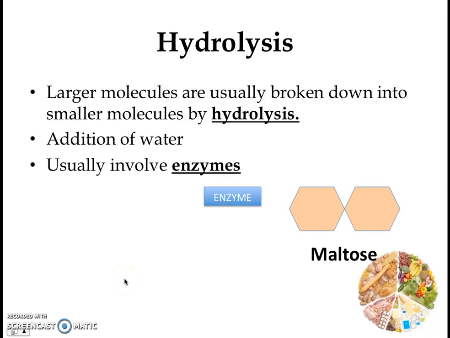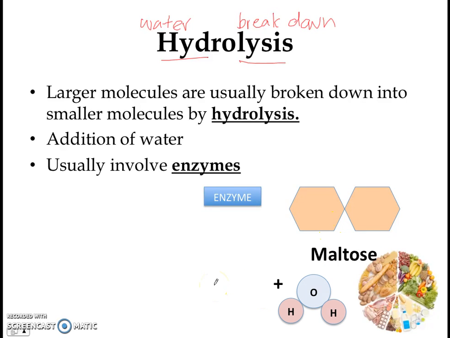Now, the opposite of condensation is a reaction called hydrolysis. Hydro meaning water, and lysis meaning breakdown. So hydrolysis is basically using water to break down larger molecules into smaller molecules. It involves the addition of water. So take a look at this. Maltose is here, and we have the addition of one water molecule.